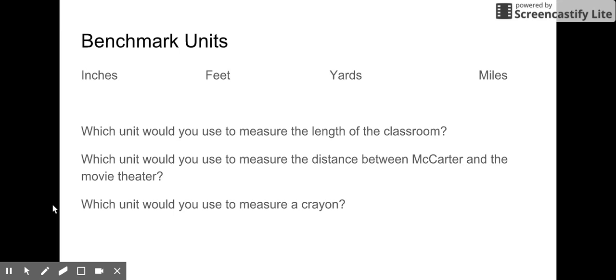It wouldn't make any sense to measure a crayon in yards. Think again, we talked about feet as being about the size of an adult foot or the distance between your knuckles and your elbow. You could lay several crayons in that space, so it wouldn't make sense to measure a crayon in a foot. It would, however, make sense to measure a crayon in inches. A crayon is definitely more than 1 thumb length, but less than 12.